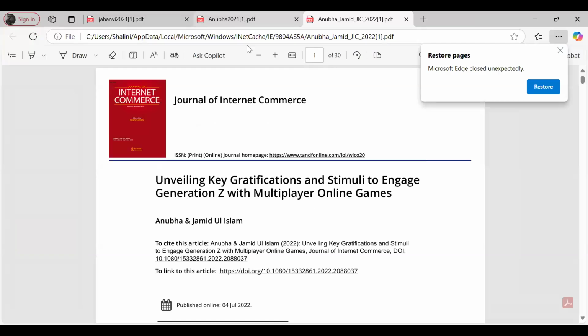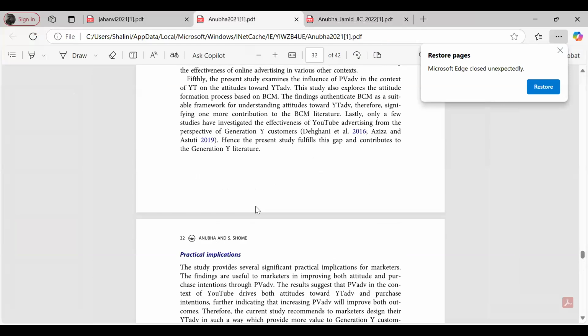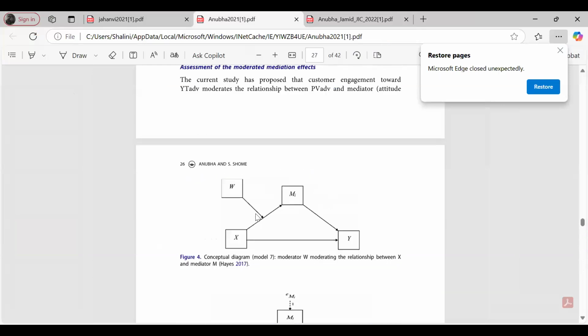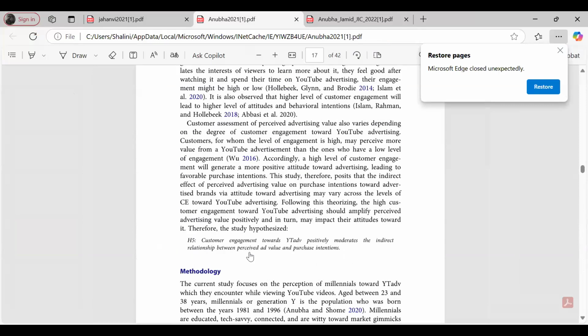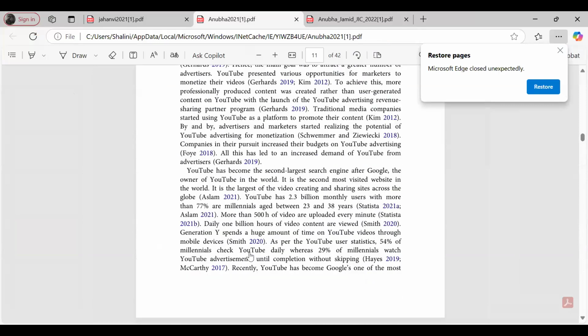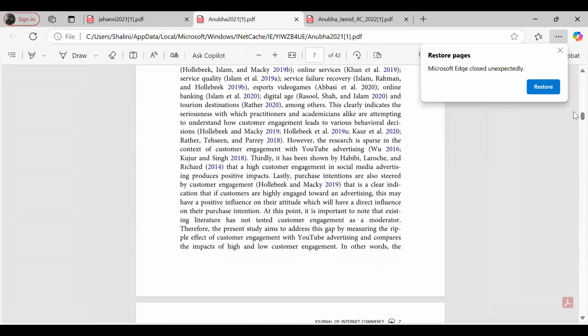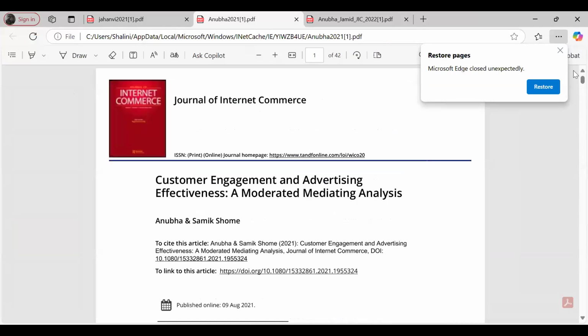I have taken these two papers to explain how we basically develop the questionnaire. I hope my screen is visible.